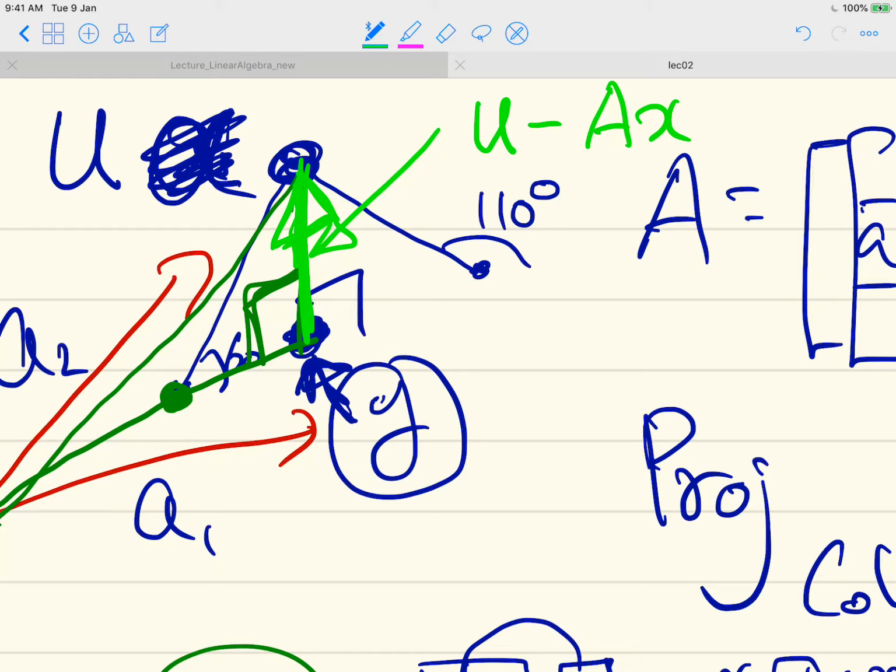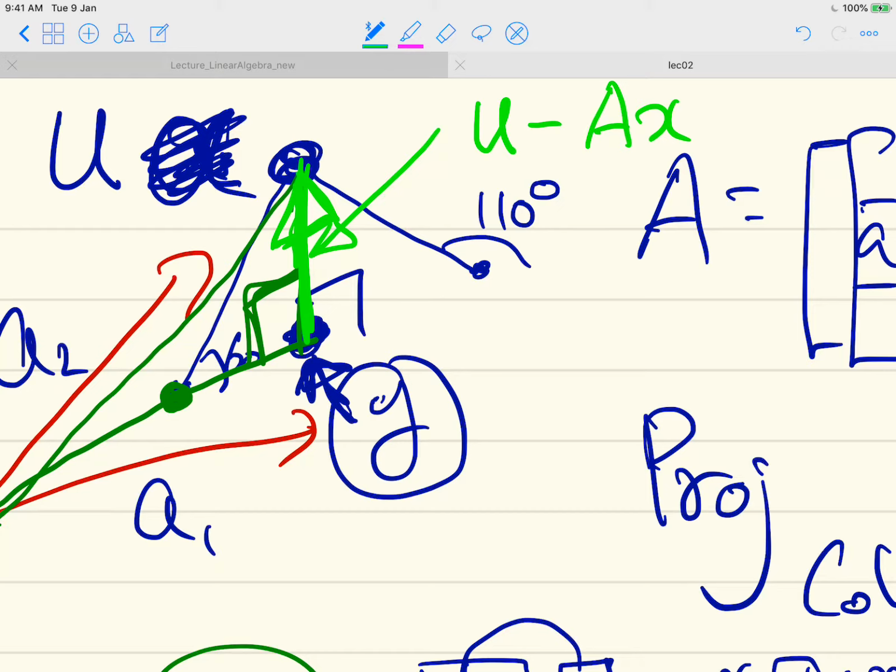Then can it be called the orthogonal projection? It is not, because what is the true meaning of the orthogonal projection? That means this vertical line, or this bright green line, should be orthogonal to any directional vector inside of this plane.